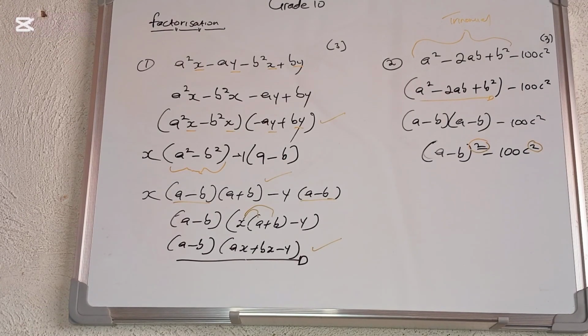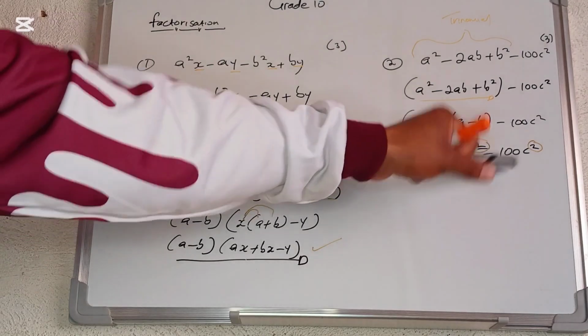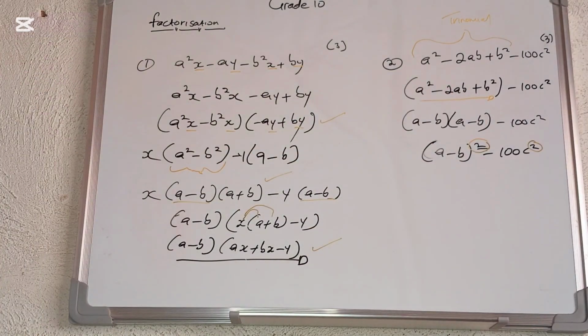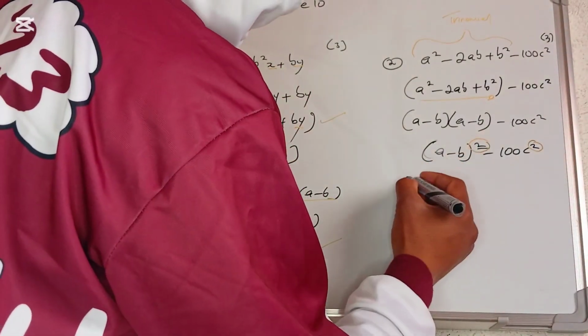So let's factorize for us to be able to solve that equation. When we're going to factorize that equation, we're going to look for factors that when we multiply, we get a minus b. When we multiply, we get 100c squared. Yeah, sure. So factors that when you multiply, we get this one is what?